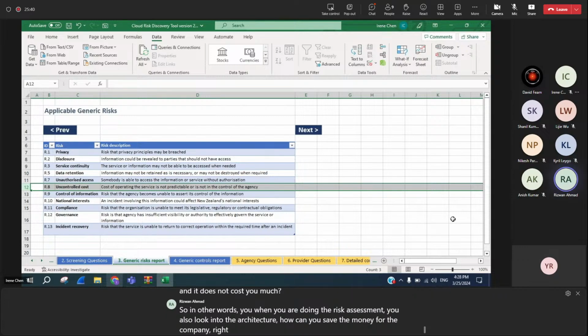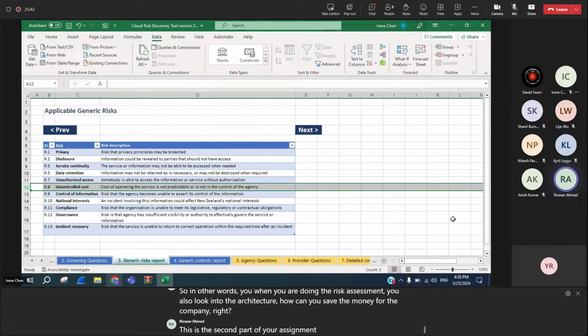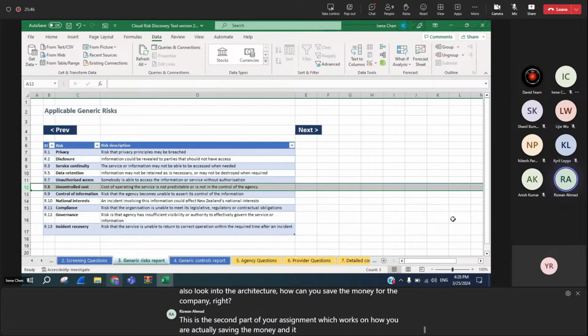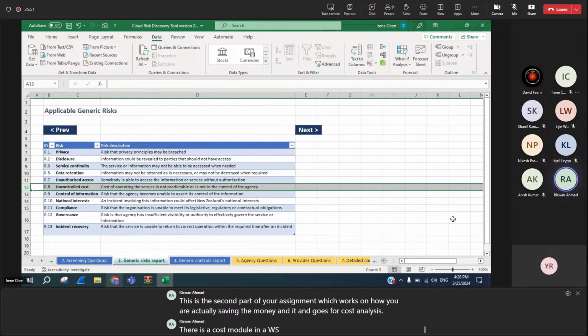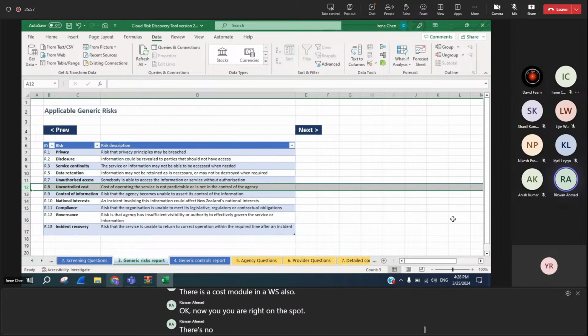This is the second part of your assignment, which works on how you are actually saving the money, and it goes for cost analysis. There is a cost module in AWS also. Now, you are right on the spot. There is no doubt, David. You're doing very good. So uncontrolled cost, Mayur.